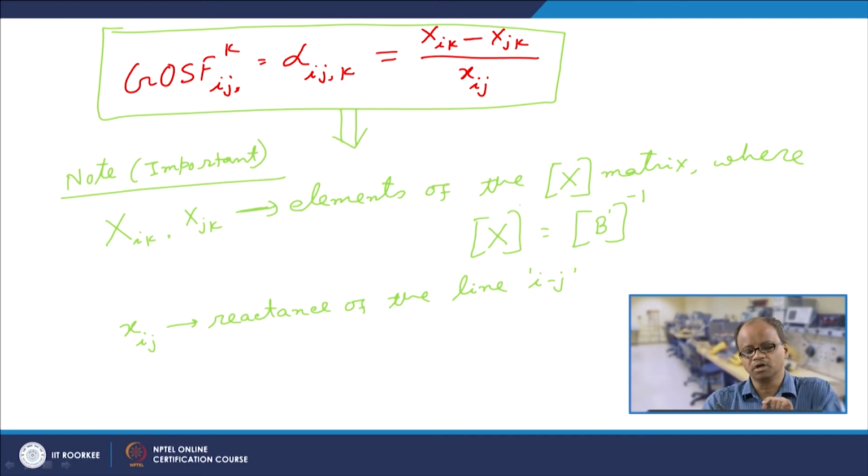So, this alpha ijk is a constant quantity for every combination of ij and k. This constant quantity is only dependent on the line parameters. It is not dependent on any operating condition.